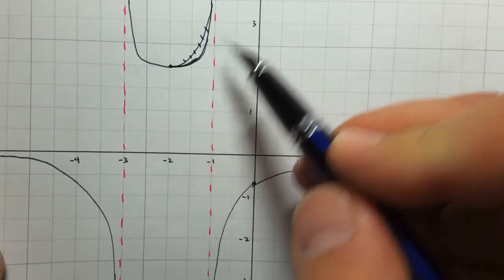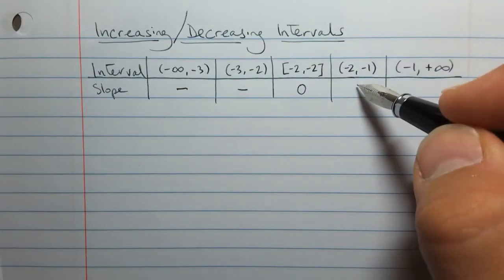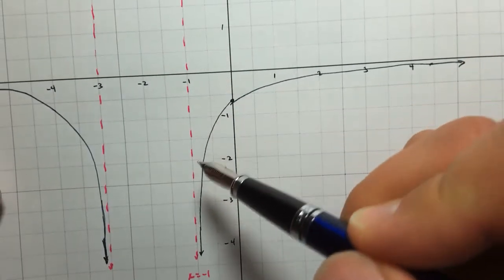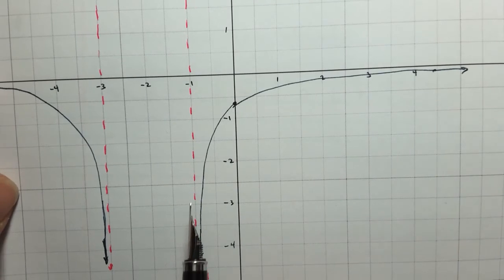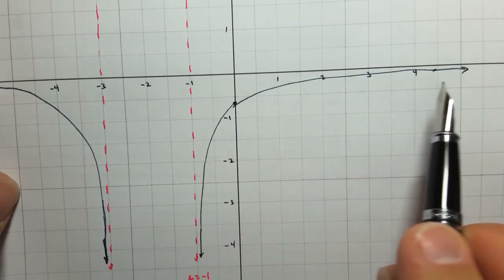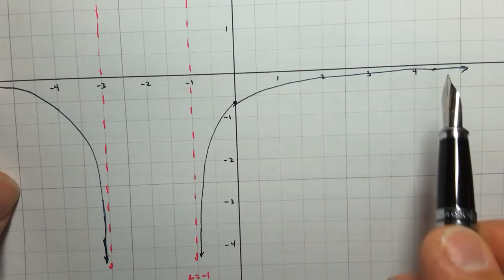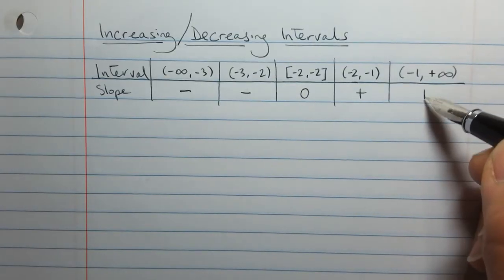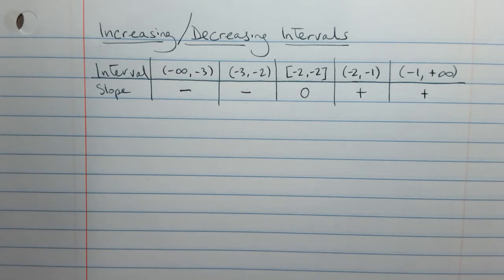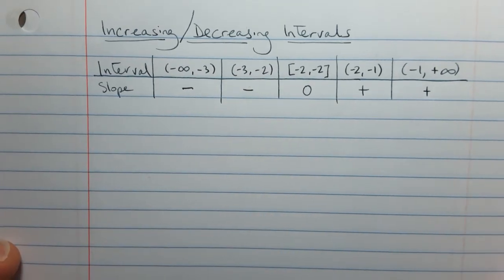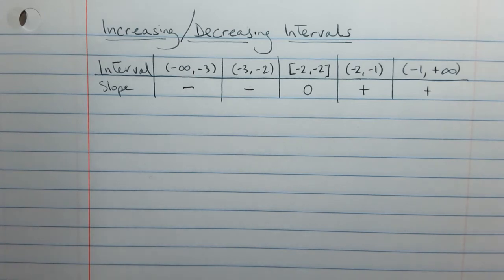After that, we start going uphill, positive slope. And last, from negative 1, as we move this way, the curve is moving upwards. It slows down a lot, but it still has a positive slope. So that's the sequence we get of positive and negative and 0 intervals when we analyze this function.